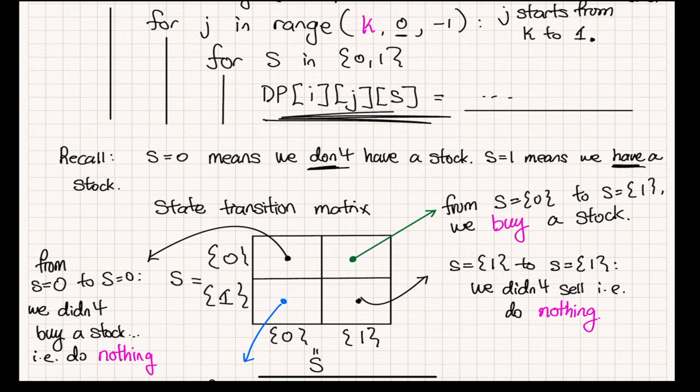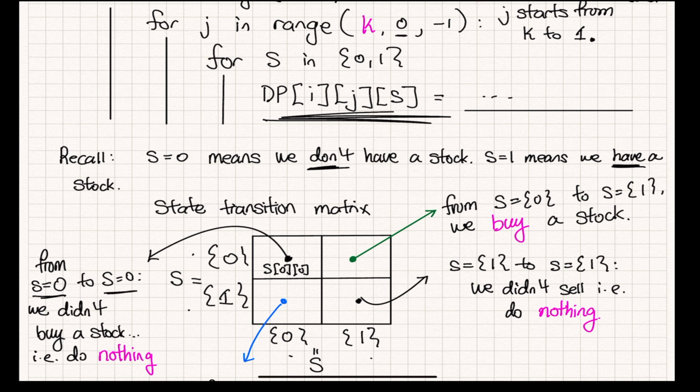So here I have a transition matrix for our s. Here these are all s, and this guy will be s of 0, 0. In other words, this corresponds to moving from s equals 0 to s equals 0.